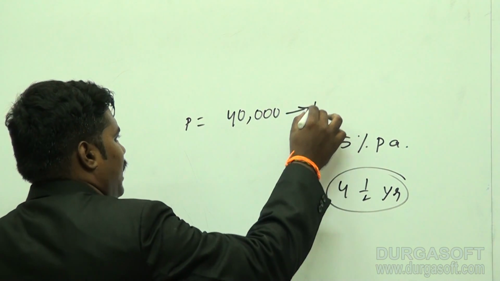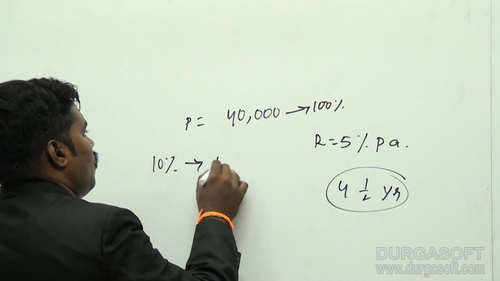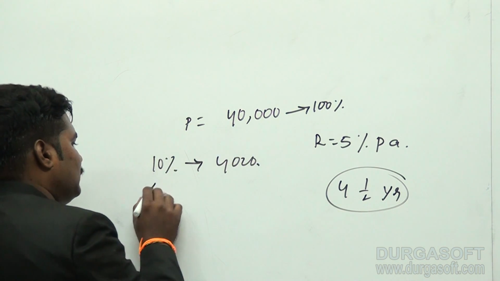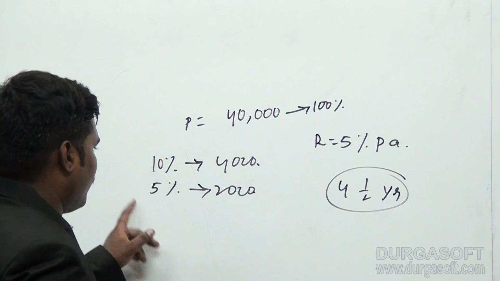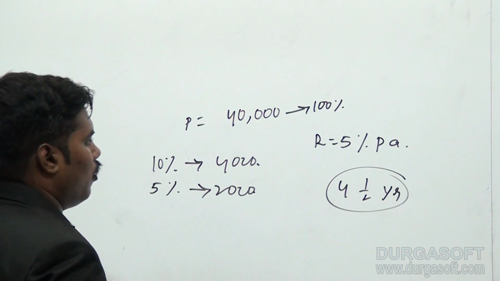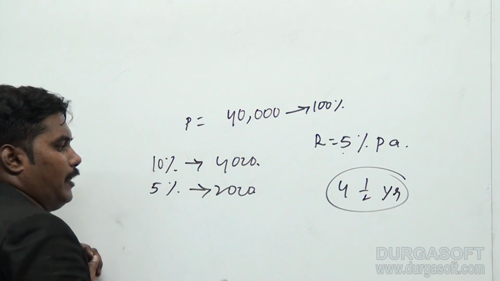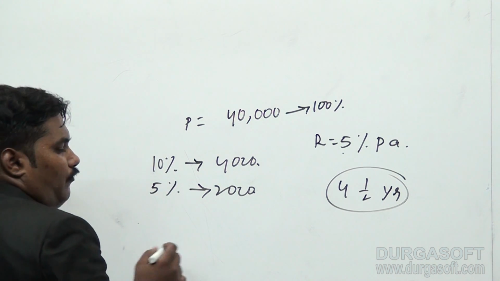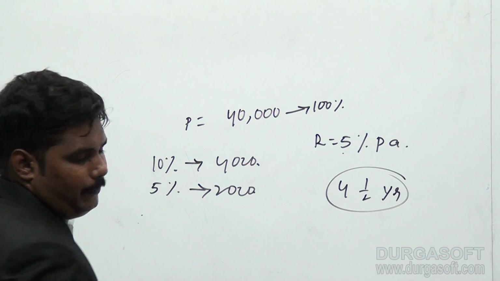Let's take it as 100%. What is the 10% value? 4,000. Then what is the 5% value? 2,000. If the 5% value is 2,000, how many times is it to be multiplied? 4.5 times. When you multiply 4.5 times, you can get the answer directly.